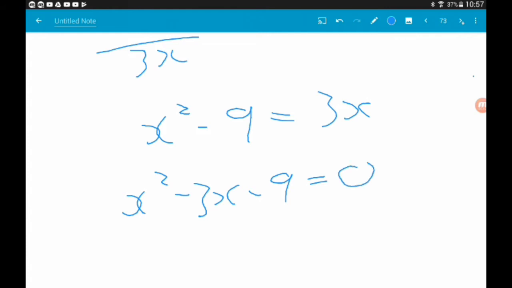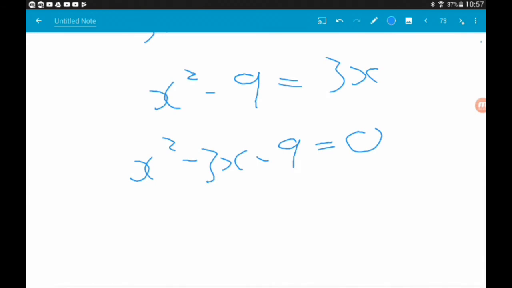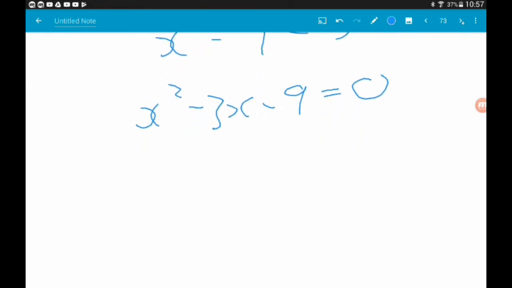Now that's not looking very factorisable, so I'm going to check the discriminant to see how many solutions, if any, there are. So remember the discriminant is b squared minus 4ac.